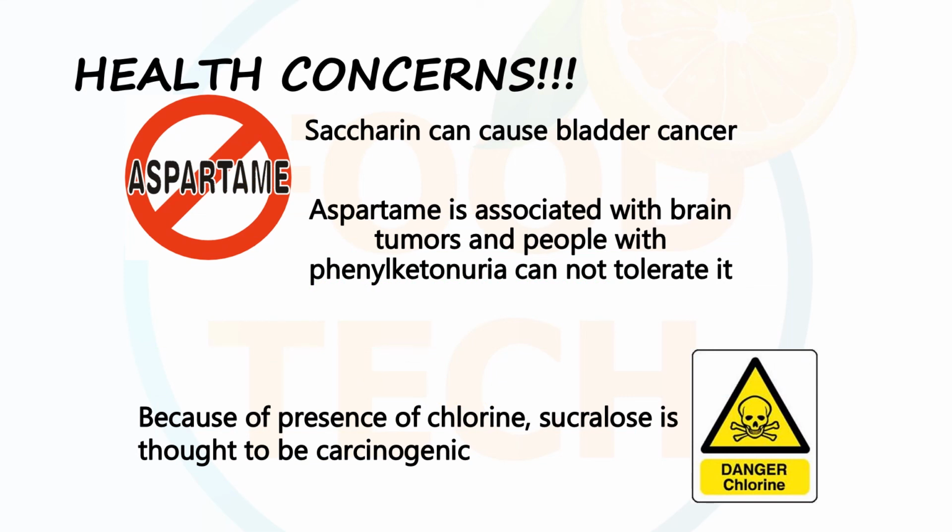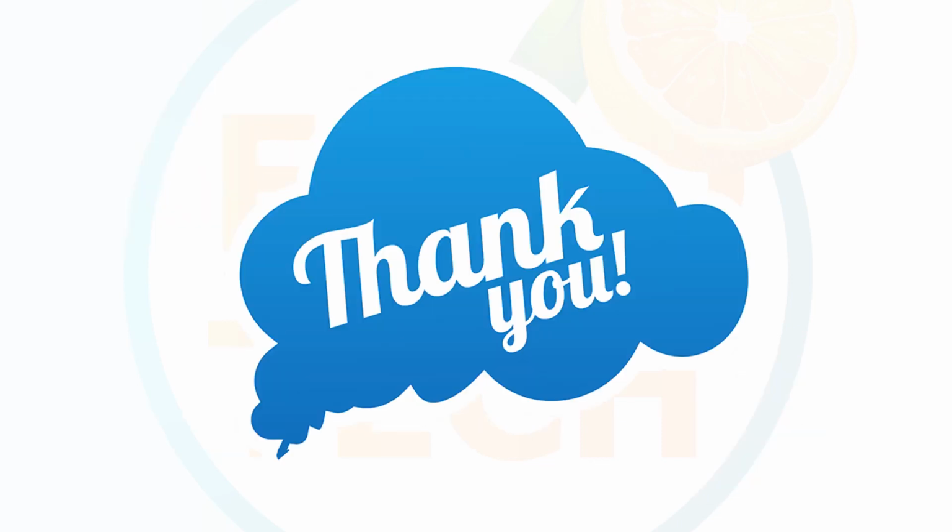Some of the chemically made sweeteners cause effects on our human body. Like saccharin causes blood cancer, aspartame is associated with brain tumor, and people having phenylketonuria should not eat it, and sucralose has chlorine, which is carcinogenic in nature.